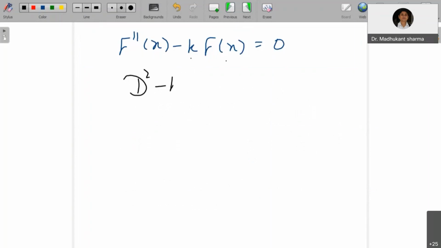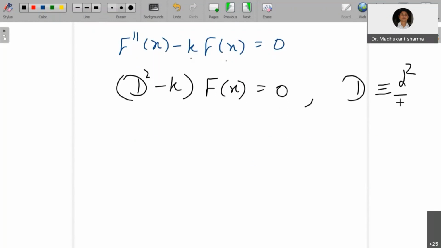That is the d square minus k operator notation, right? D square is nothing but d square by dx square.